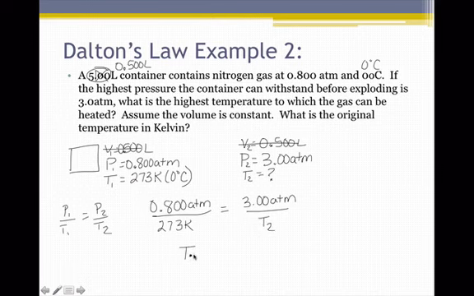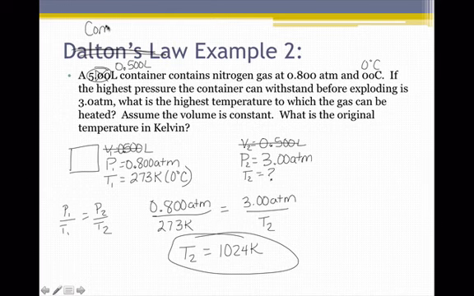So solving for temperature, we would end up with 1024 Kelvin. So there you go. That's using the combined gas law. I don't think that's really a Dalton's law example, but that's more of a combined. Little bit out of order on that. So anyway, there you go. More example of what we talked about in the last podcast.